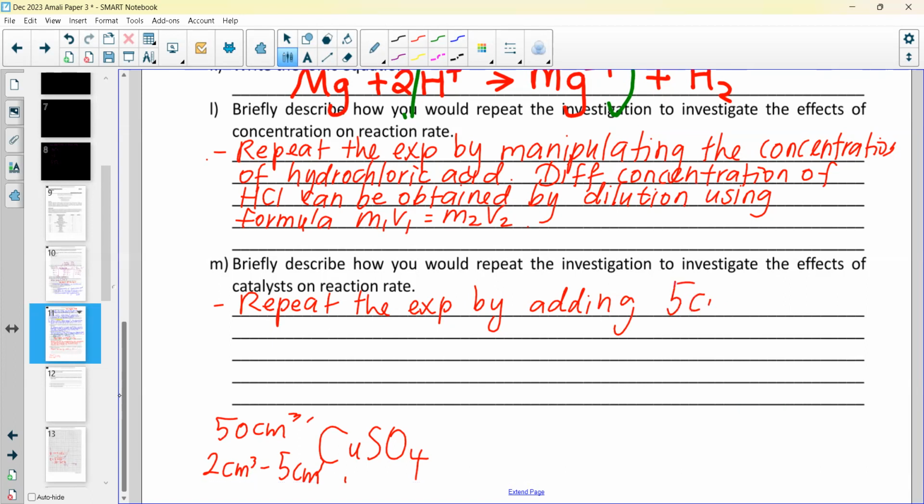Okay, by adding 5 cm cube of what? Copper 2 sulfate salt, copper 2 sulfate solution, which one? Okay, cool. So 5 cm of dilute copper 2 sulfate solution into the hydrochloric acid.